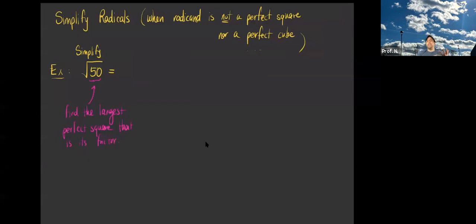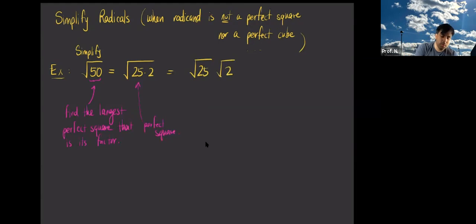So for example, 50 can be written as the product of 2 and 25. So I can rewrite this as the square root of 25 multiplied by 2. And if you notice, 25 is a perfect square, and it's the largest one that's a factor of 50. Then by the rule I just mentioned, I can rewrite this as the square root of 25 times the square root of 2.